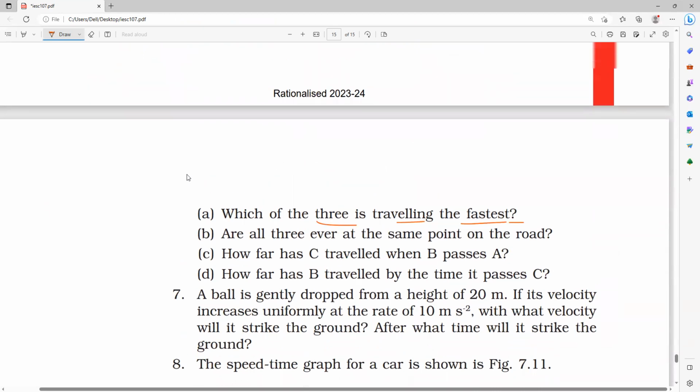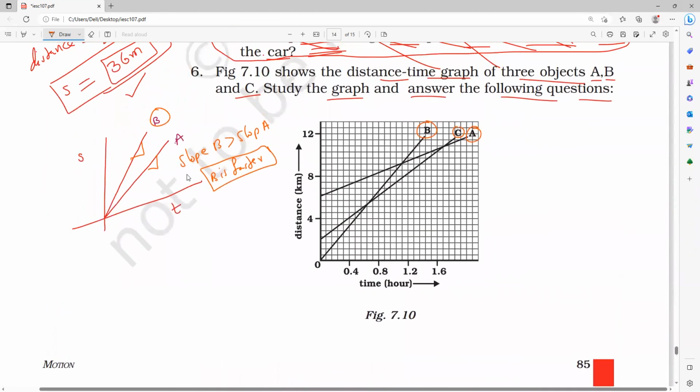Anybody? B. All of you? Which is traveling faster, A, B, C? B. Why, guys? Why B? Sir, because it is longer, sir. Not longer, Mari. Since the slope of the graph, slope, Mari, not long. Slope is high.